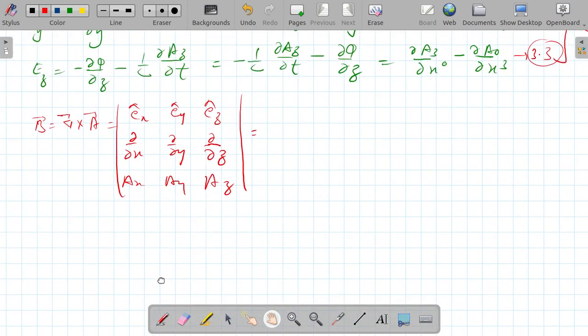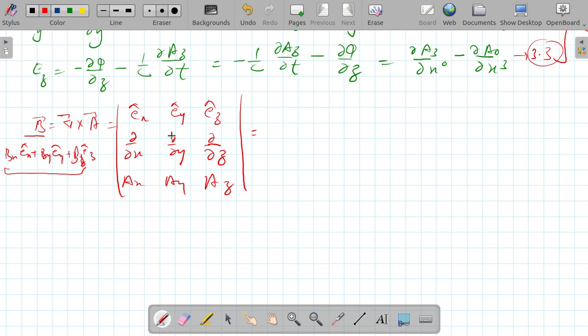This may lead to B written as Bx x-cap, By y-cap, Bz z-cap.